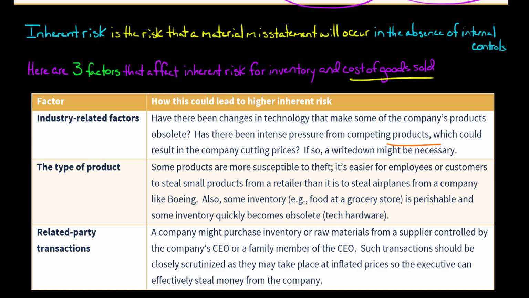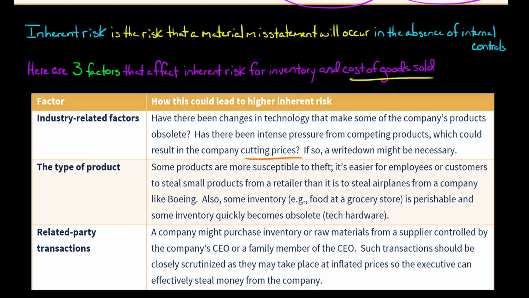And is it a situation where this company might be forced to cut prices? Maybe some of their inventory is on the balance sheet at its cost, but they're not even going to be able to sell it for that amount. So if that's the case, the company might need to do an inventory write-down. That gets back to the valuation assertion that management is making. Okay, they're asserting that the inventory is a certain value, but maybe actually the inventory needs to be written down.